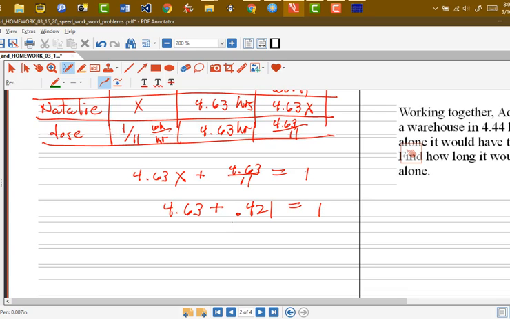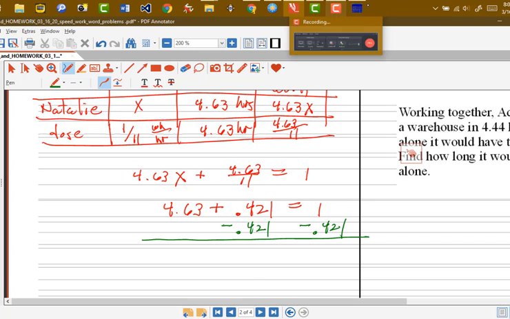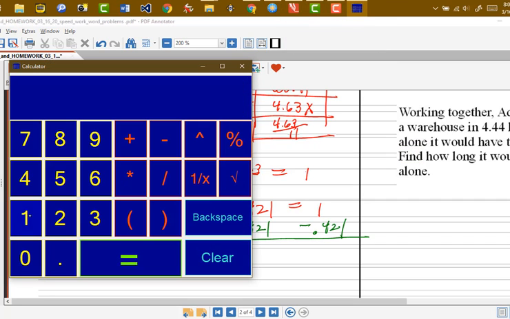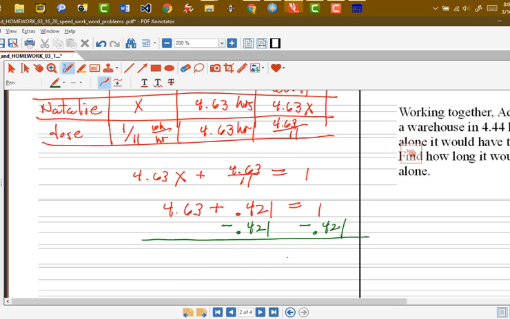Alright, now I'm going to subtract 0.421 from both sides. And I get 1 minus 0.421, 0.579. By the way, oh, I forgot the x. So 4.63x equals 0.579.